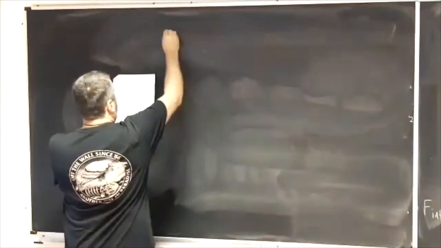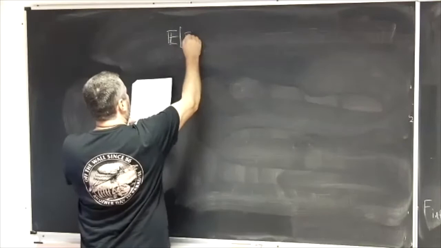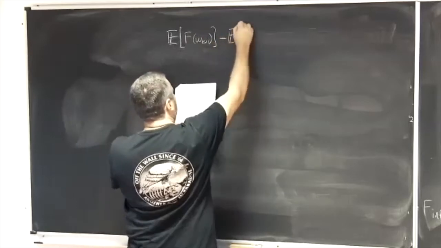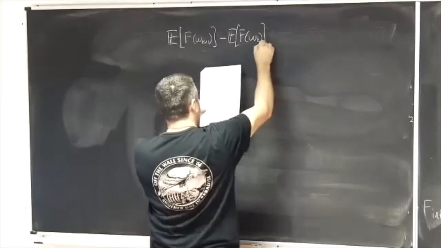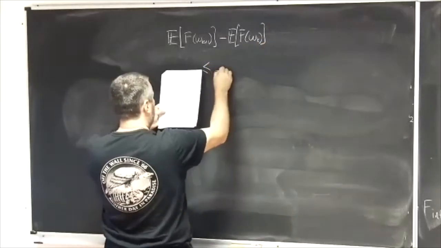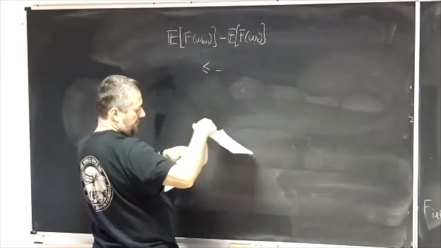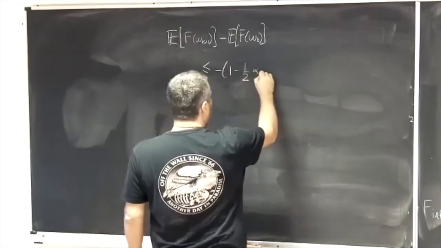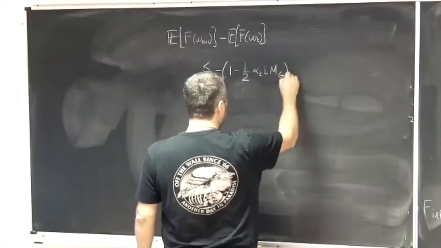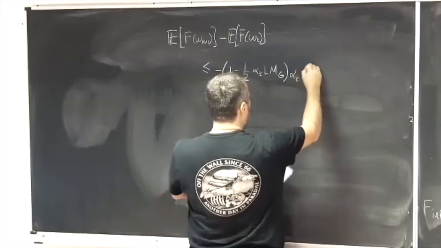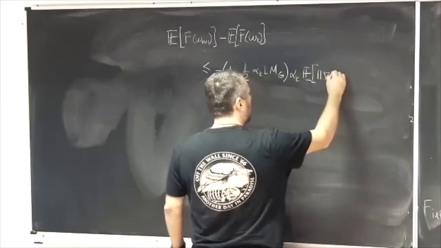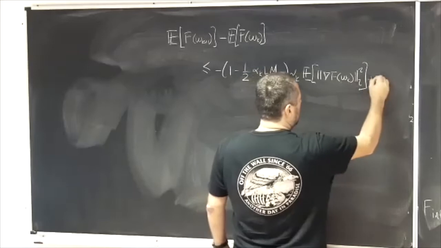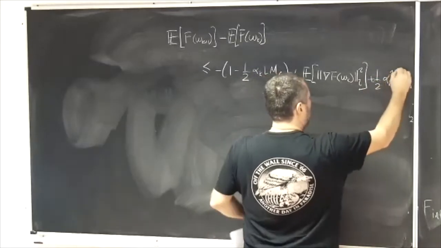So using lemma 2, and taking total expectations, this is smaller than or equal to negative (1 minus 1/2 alpha k times LMG) alpha k times the expected value of the squared norm of the gradient of f, plus 1/2 alpha k squared L times M.